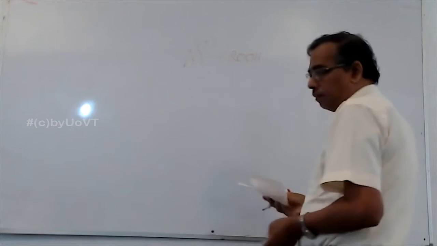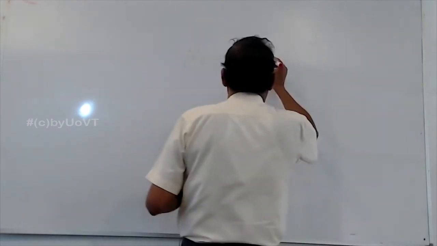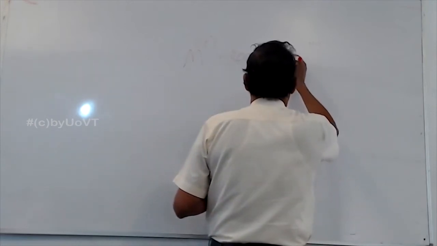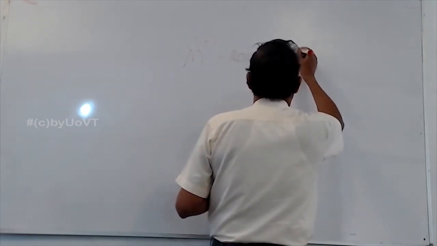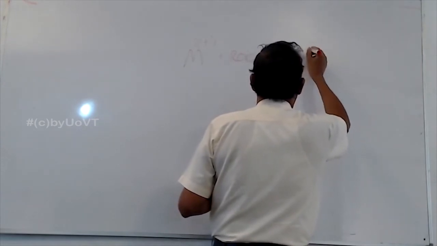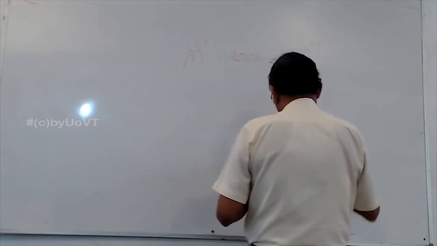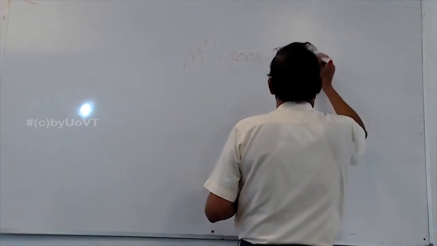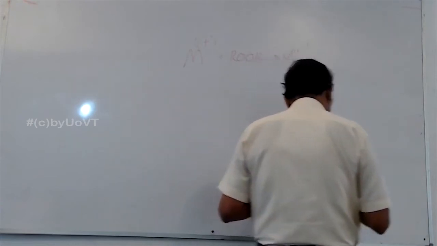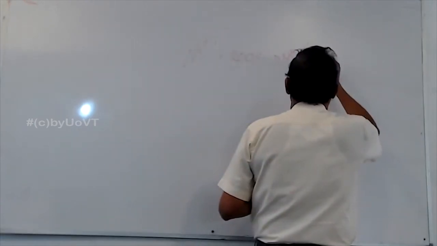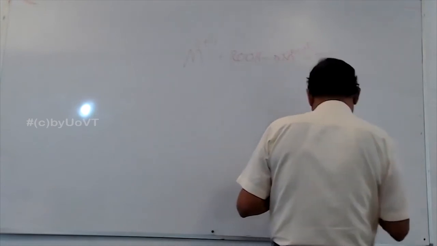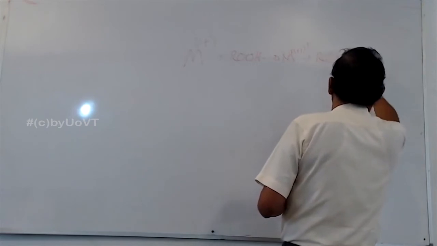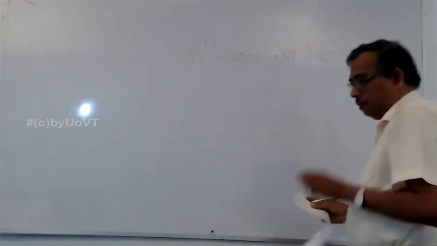When heavy metal interacts with peroxide, it can form M^(n+1)+ plus RO• plus OH−. That is the first reaction.